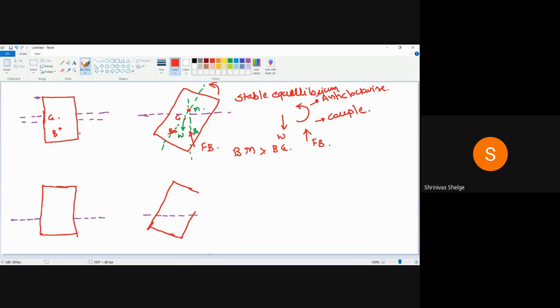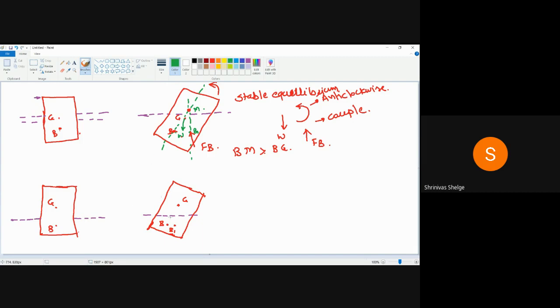So somewhere you will find G, here somewhere B, correct? So again I will draw the same: somewhere here G, somewhere here B, and suppose the new center of buoyancy is shifted to this position, that is B1, correct?